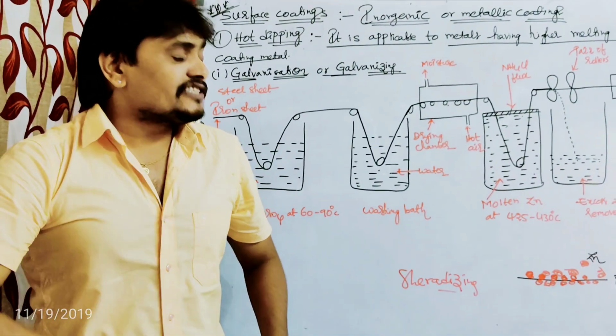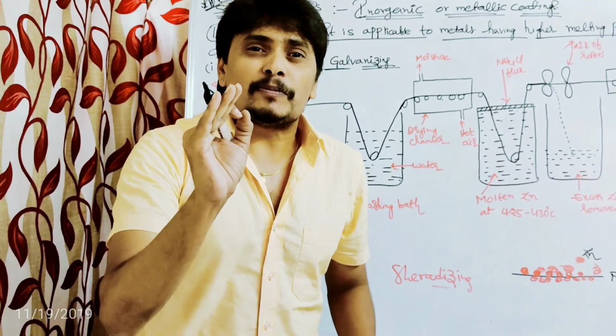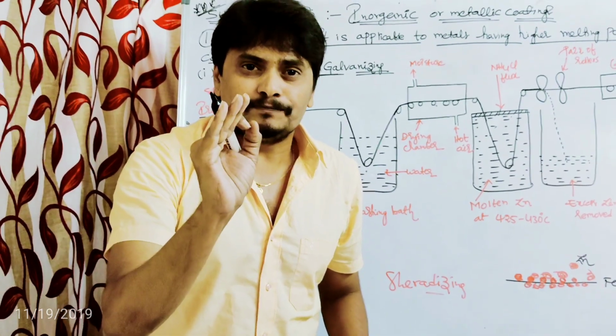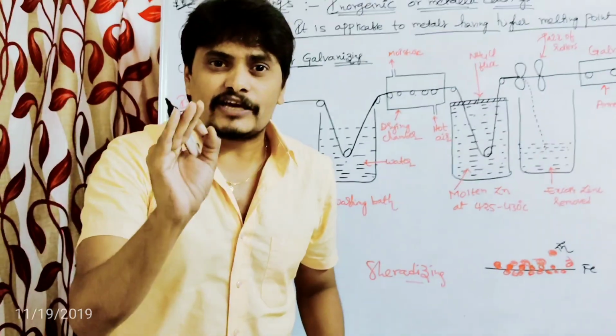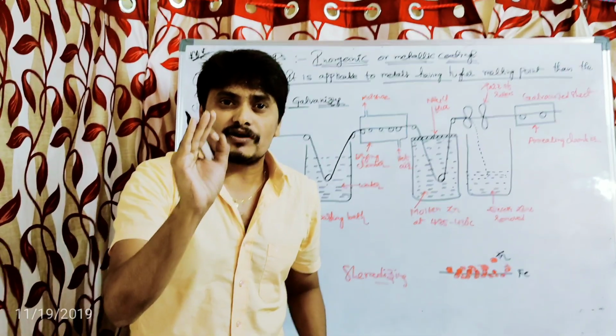Now, what is responsible for the non-uniformity of the coating metal, zinc, on the surface of the base metal, iron or steel sheet?